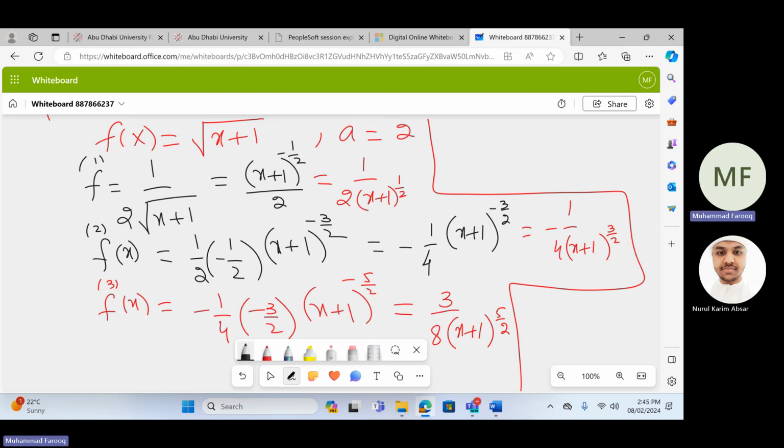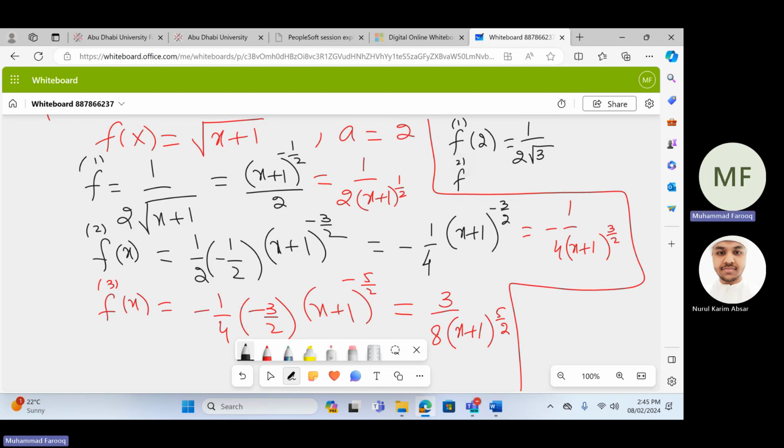As per this Taylor series, we need the first derivative at a. What is a? 2. So go to your first derivative and substitute x with 2. What do you get now? 1 over 2 times the square root of 2 plus 1, which is 3. It has the square root of 3. Yes or no?